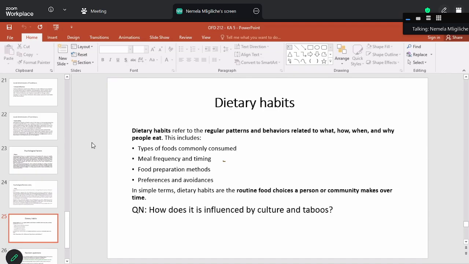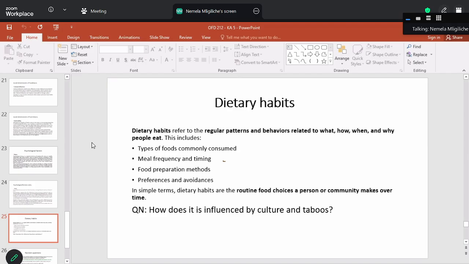So you give an example and try to explain that specific culture, the what, how, when, and why of that specific culture, by giving examples. And also you can talk about that specific culture, about their social practices and rituals.